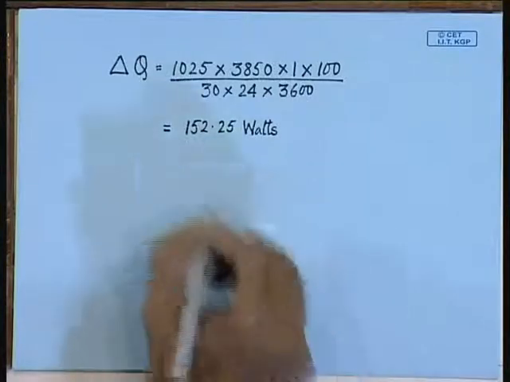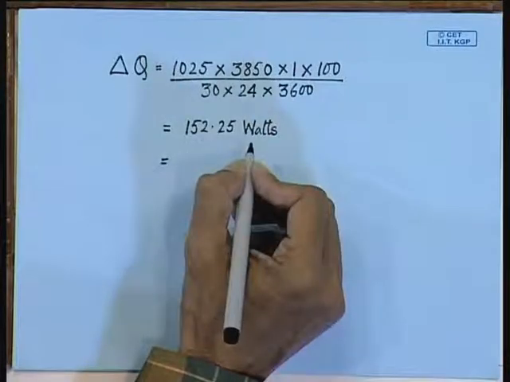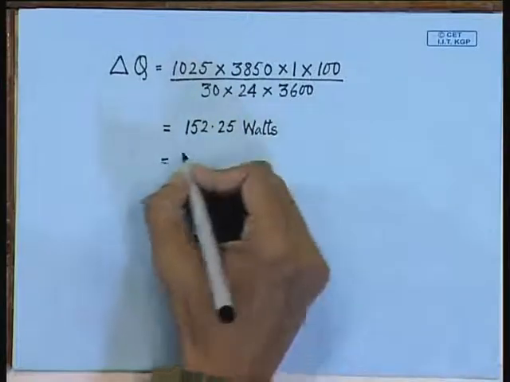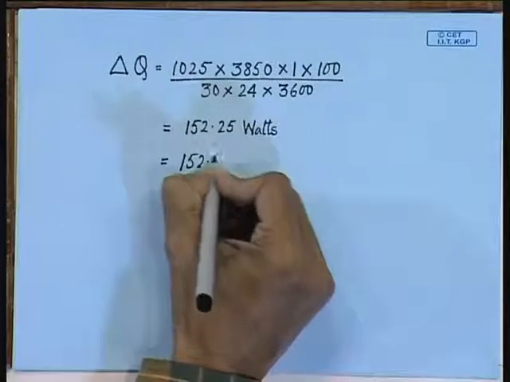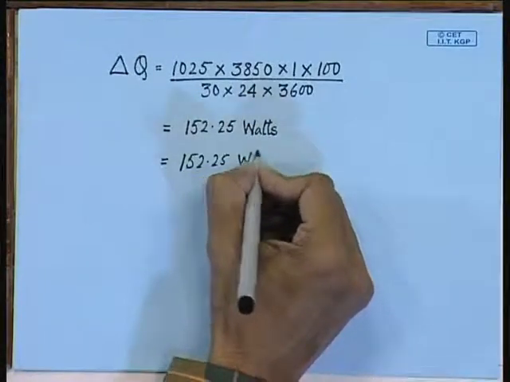So the units will be, this is passing through 1 meter square, what we have calculated is per meter square. So this is 152.25 watts per meter square.